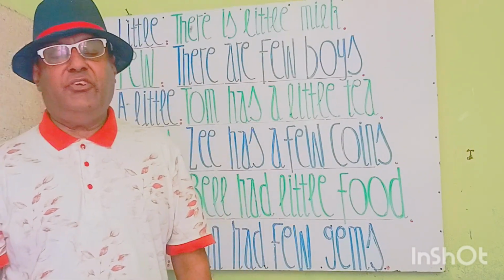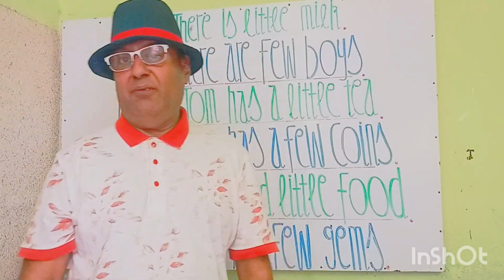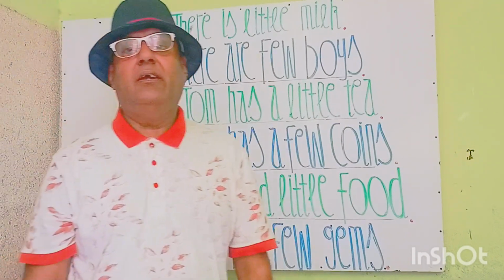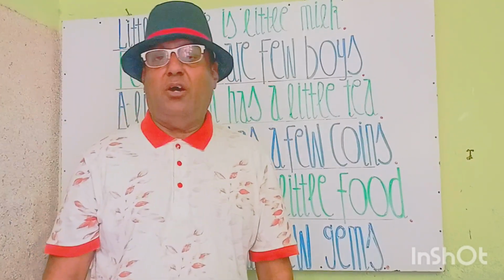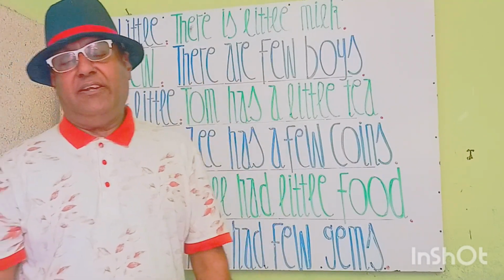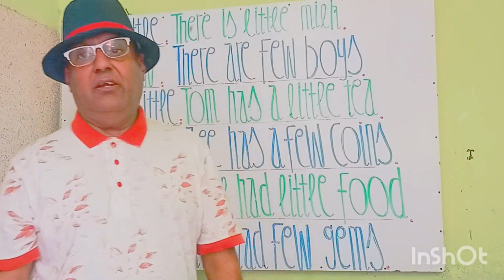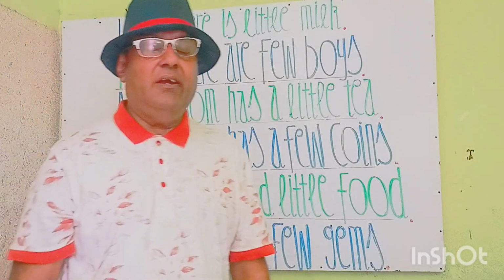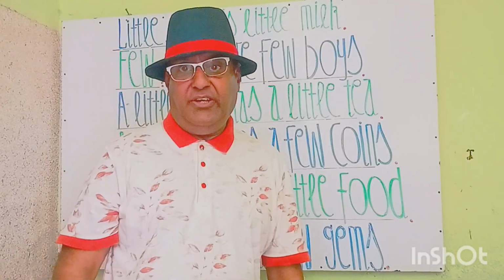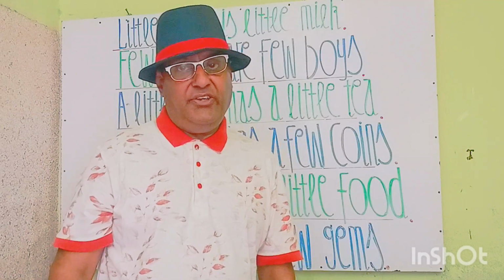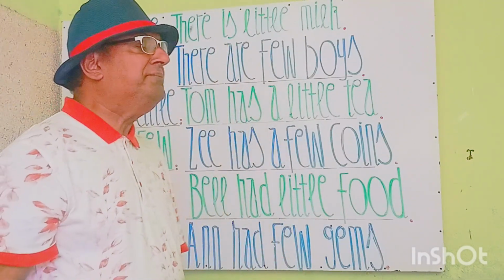Tom के पास थोड़ी सी चाय है. He has a little milk. उसके पास थोड़ा सा दूध है. A little means in some quantity, a short quantity or some quantity of something.